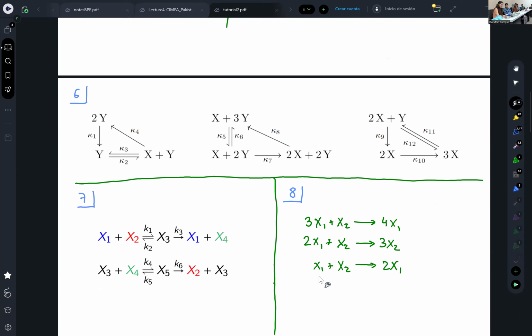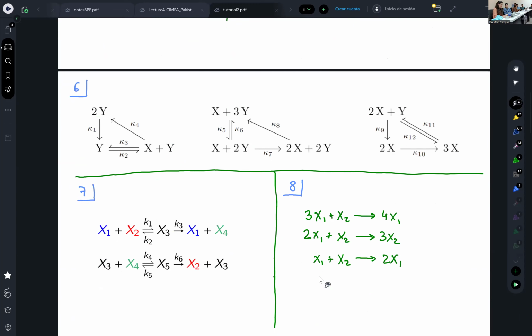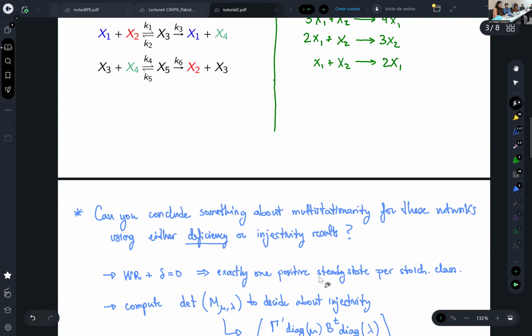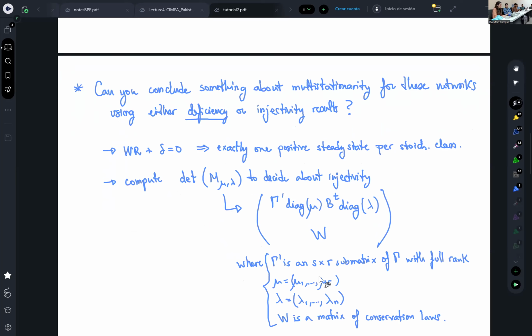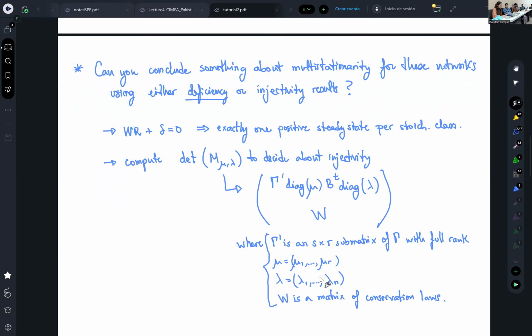Some of them appeared yesterday in my lecture. And then after deciding whether you can compute the stoichiometric subspace and these notions, maybe you can decide whether for some of them you can use the deficiency theory that I showed in the third lecture or the injectivity theorem.